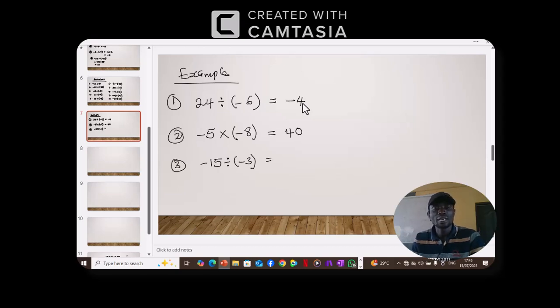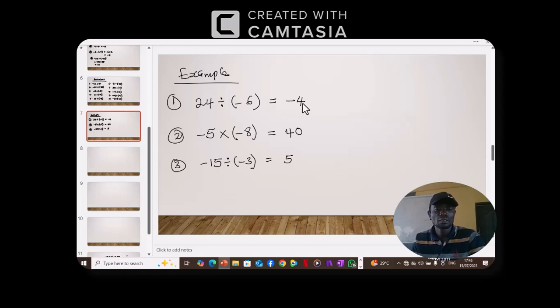Since you are dividing two numbers that have the same sign, your answer must be positive. 15 divided by 3 will give you 5. Why? Because minus divided by minus will give you plus.